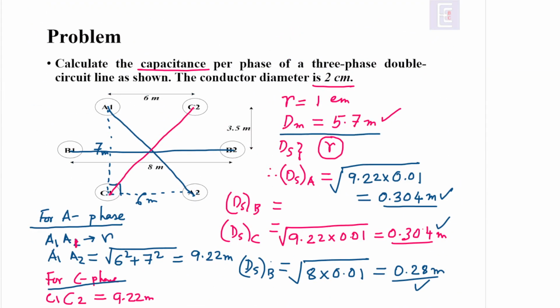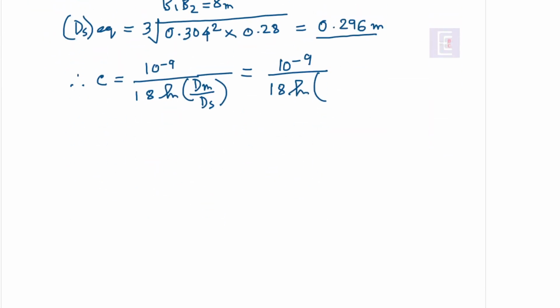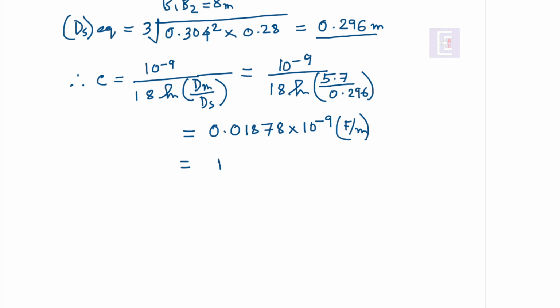So 5.7 by Ds equivalent, 0.296. If you evaluate this, it comes out to be 0.01878 into 10 to the power minus 9 farad per meter, which is equal to 18.78 nanofarad per kilometer.